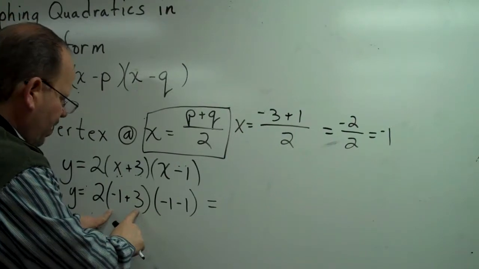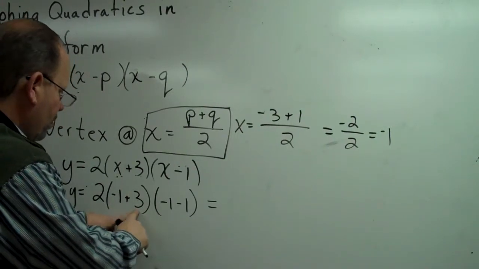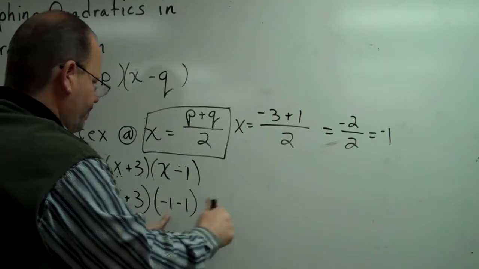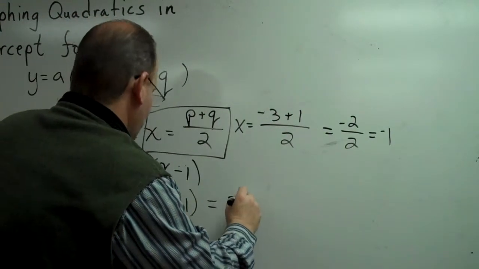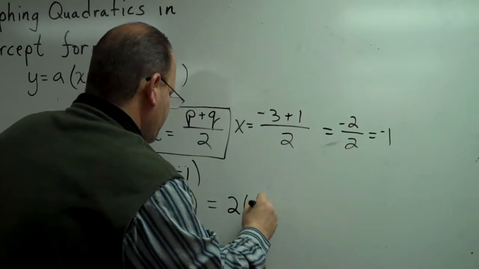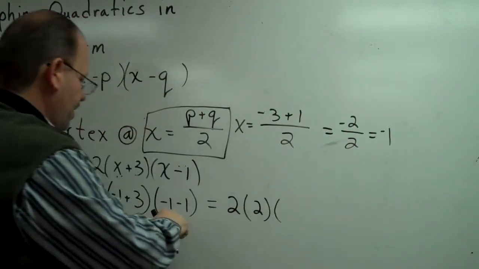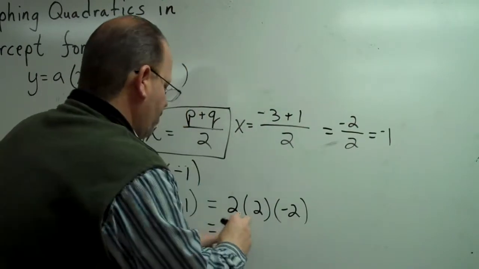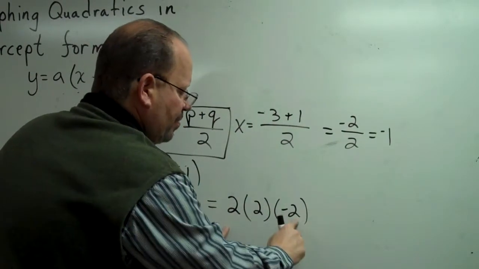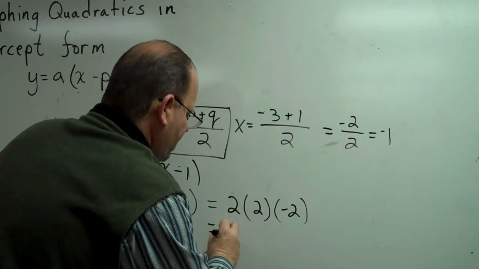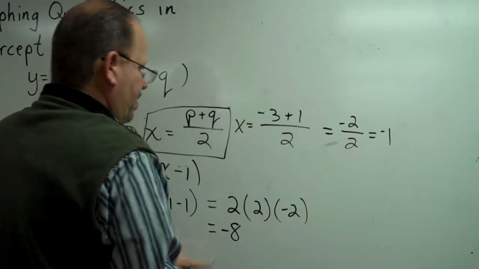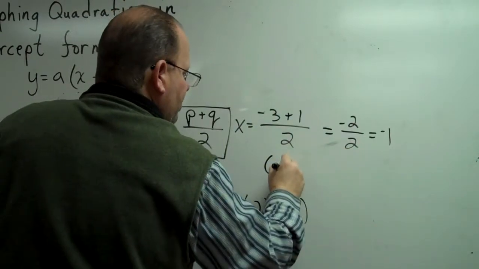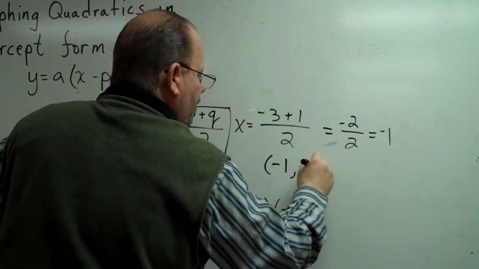Negative 1 plus 3 is 2. 2 times 2 is 4. Let's just work it out. 2 times 2 times negative 1 minus 1, negative 2, and we find that y will be 2 times 2, 4, times 2, 8. Bring the negative in, negative 8. And so we found our third point, which is our vertex at negative 1, negative 8.